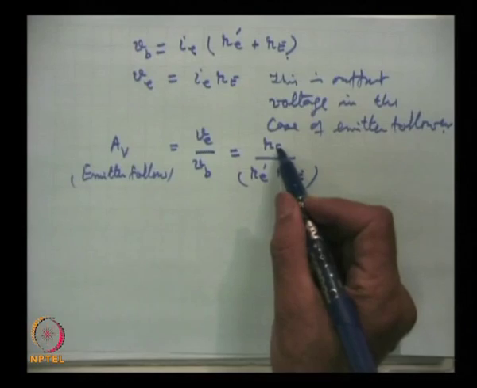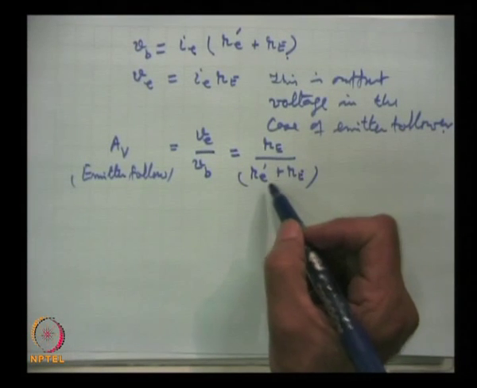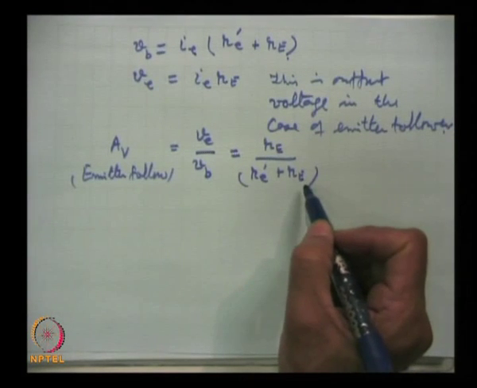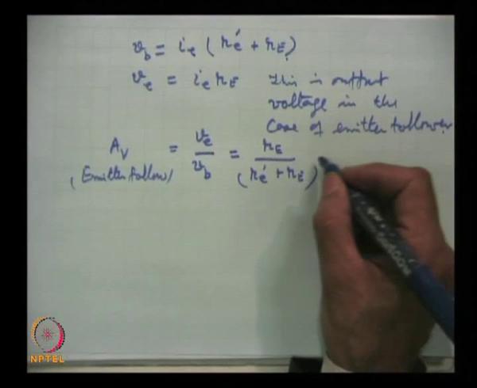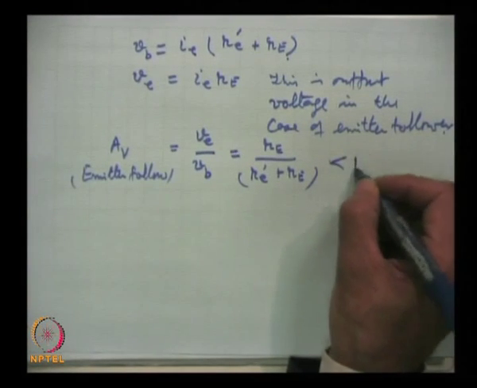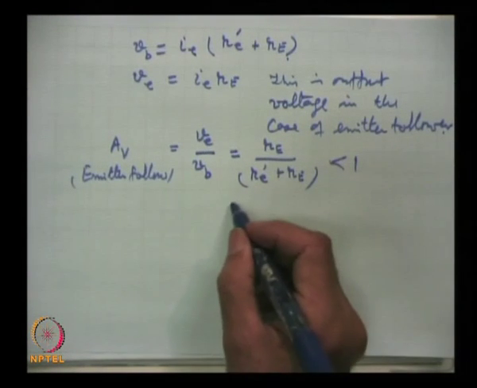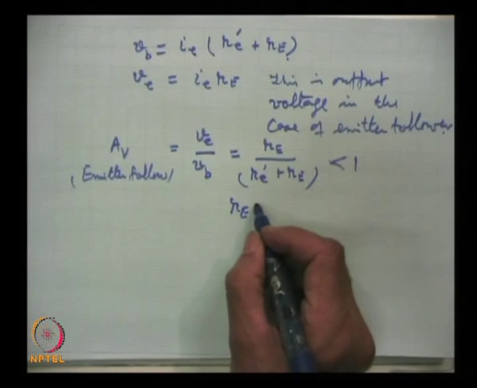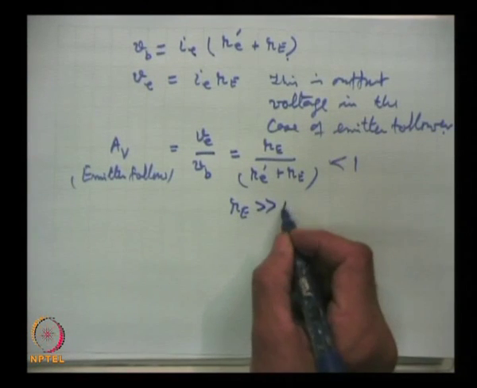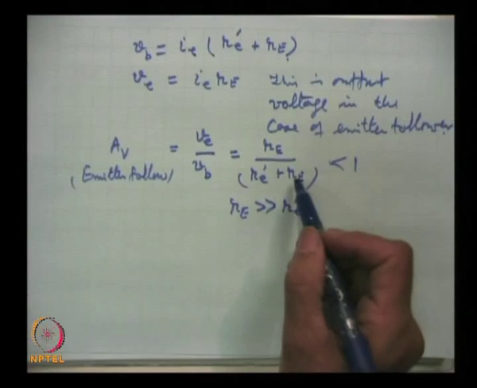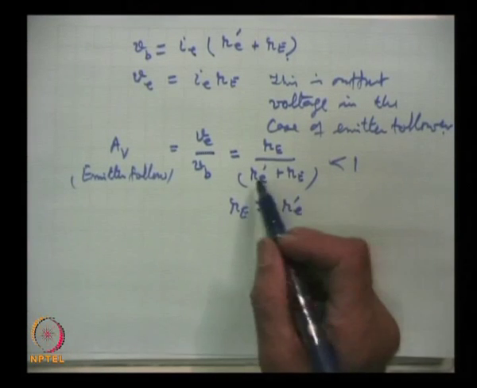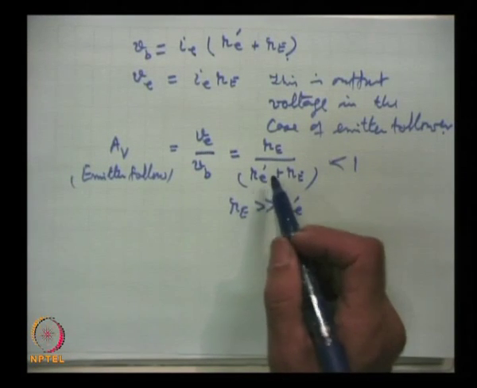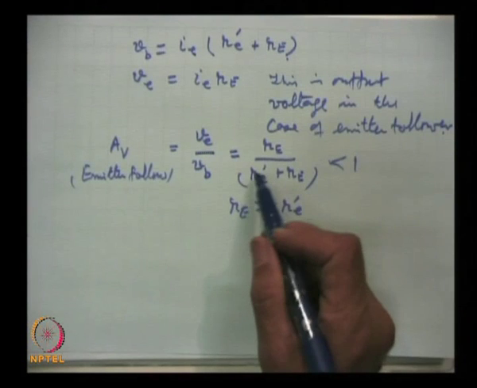This is less than 1, but because R E will be very high in comparison to R E prime, this may be 1 kilo ohm or so, and this is hardly 10, 20, 30 ohms, R E prime will be very small and we can drop it.